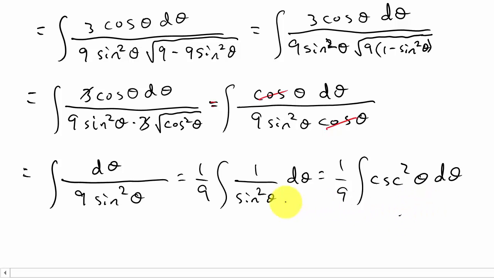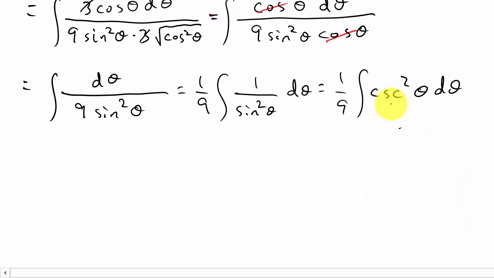By simplifying this, we've got the integral of cosecant squared theta, which is one of our integration formulas that we know. So that's 1/9 times the antiderivative of cosecant squared theta, which is negative cotangent theta plus c.